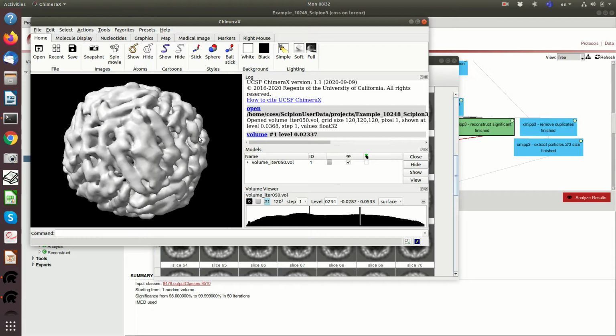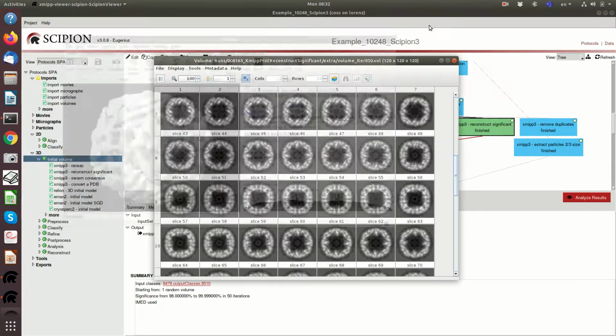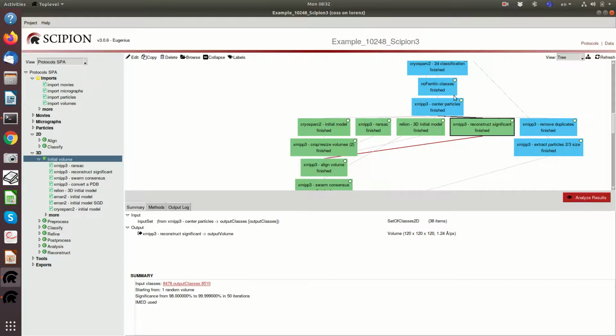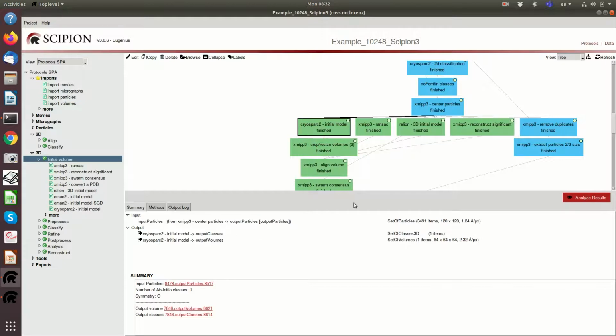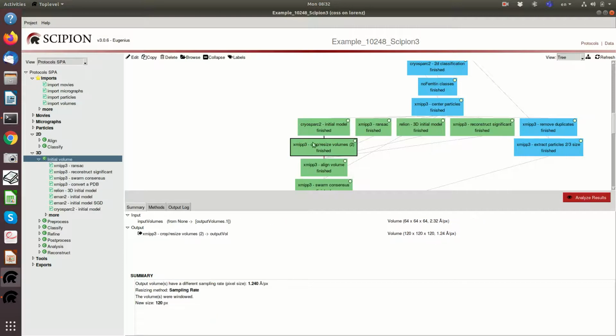So different algorithms at the end have different properties and produce different results, and there is not a single algorithm that will always work for all sizes. One of the particularities of the initial volume of cryoSPARC is that it produces one that is smaller than the input particles, so you have to resize it.